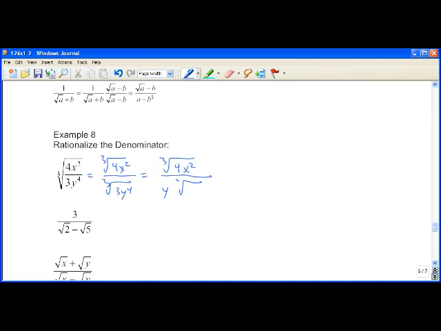Then we have the cube root of 3y to the 1. Now, the 3 has to have a power of 3 to come out. The y has to have a power of 3 to come out. So I'm going to multiply by the cube root of 3 squared y squared over the cube root of 3 squared y squared.